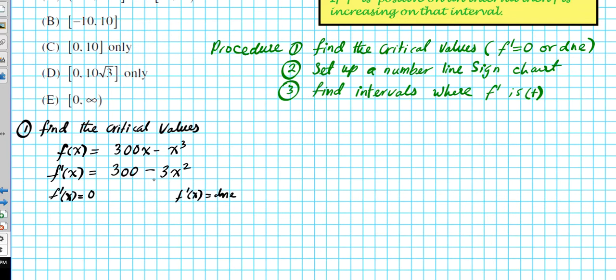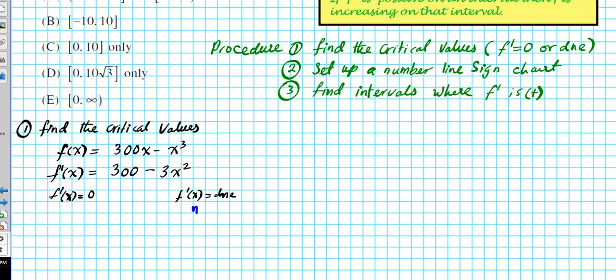Since we do not have a denominator here, there isn't an x value where this function is going to be undefined. This is a polynomial function. It is smooth and continuous, and differentiable everywhere. So all we have to do is find where the derivative is equal to 0.